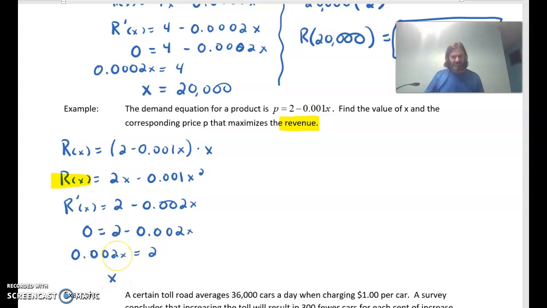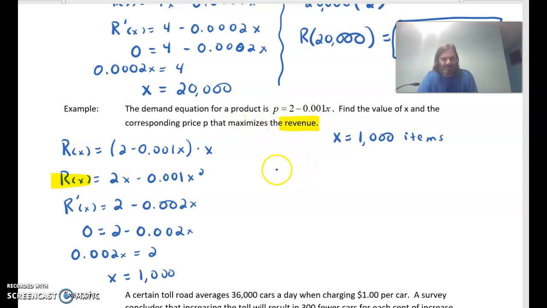I get 0.002 divided into 2. So 2 divided by 0.002 gives me 1,000. So it says find the value of x. So x equals 1,000 items, whatever they might be, and the corresponding price.